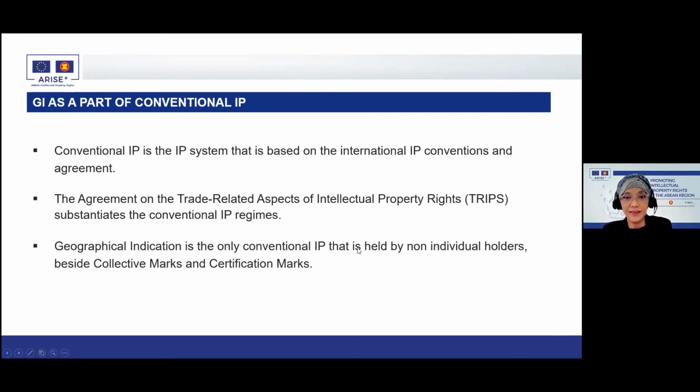Maybe in one of the ASEAN countries, there is a possibility to make an exception. In certain conditions, an individual can hold a geographical indication, but it is an exception. In general, the GI system is collective-based, a communal right, as we call it, beside collective marks and certification marks.